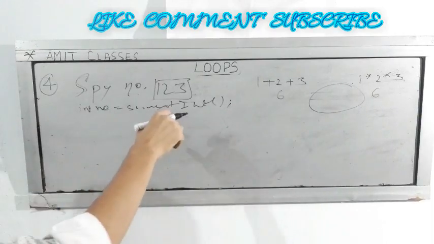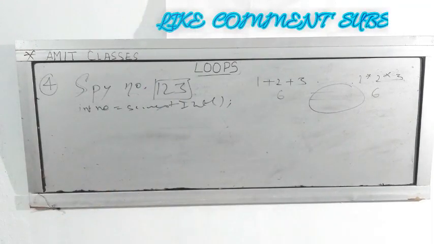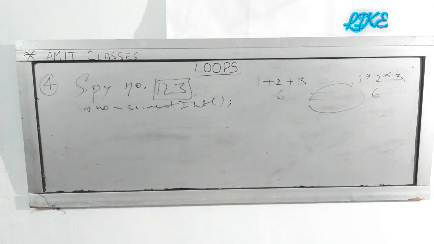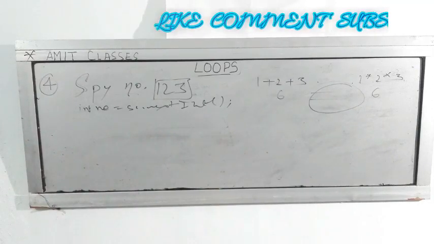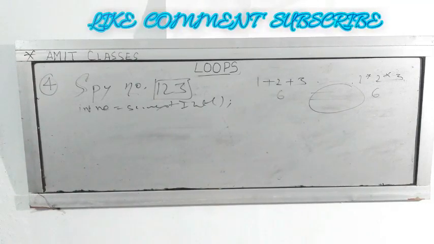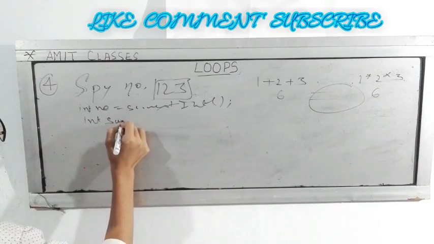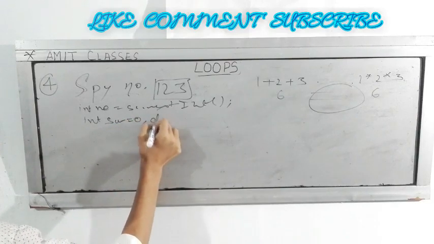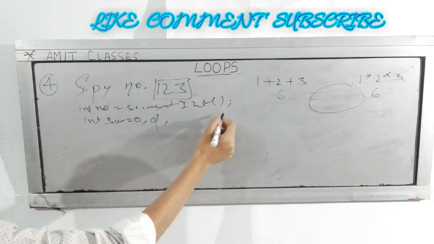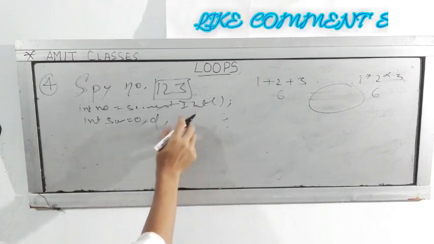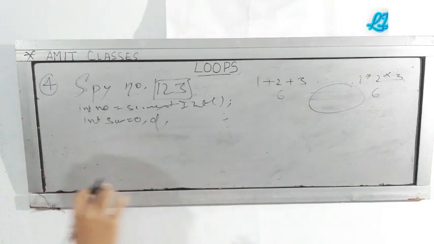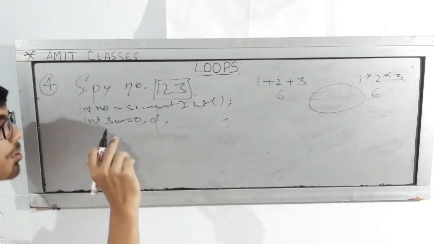Till here you know: import java.util.*, public class, name, public static void main String args, Scanner sc is equal to new Scanner System.in, enter a number, we have to print, and after this we have to declare a few variables like int sum is equal to 0, d, and we have to see what we will declare here. So like the previous program, we have to do this, but we have to put in our logic.